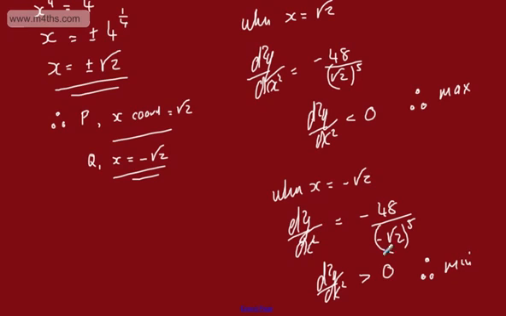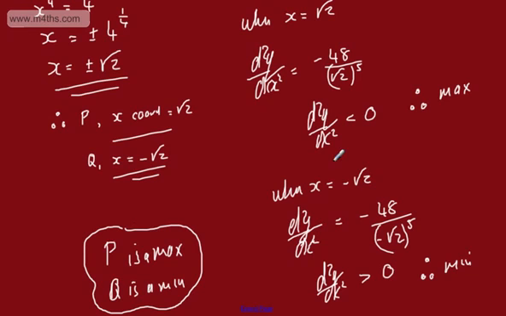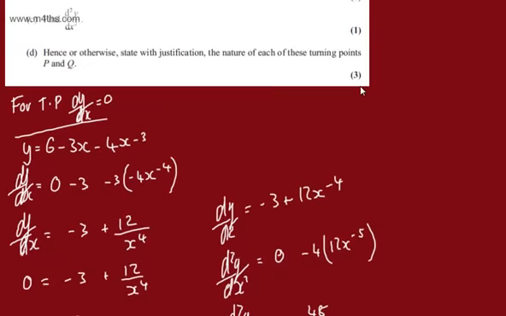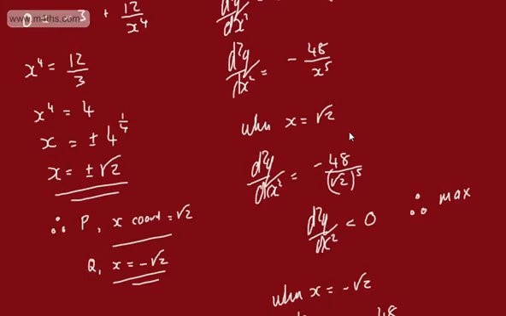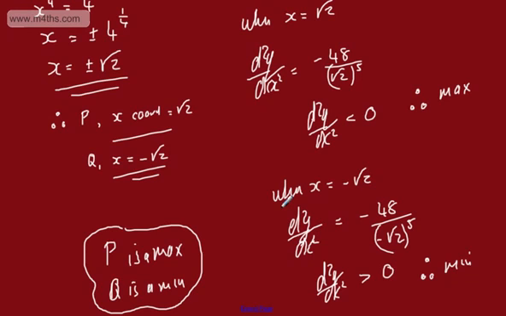So what we have is the following: P is a max, and Q is a minimum. If you want to evaluate those and give some numeric answers at this stage, you're more than welcome to do so. I've just stated one is greater than 0, one is less than 0, therefore we have a maximum at P and a minimum at Q.